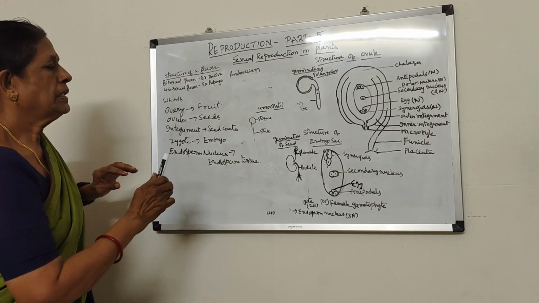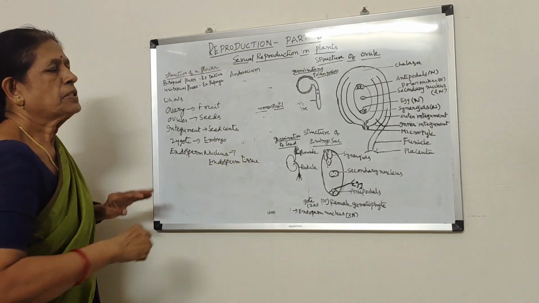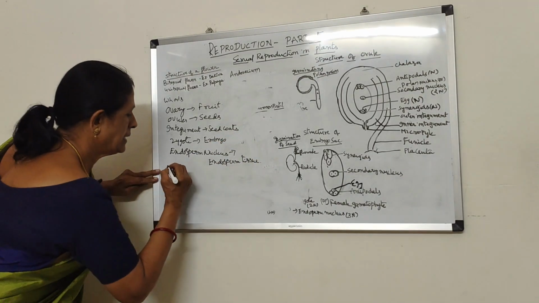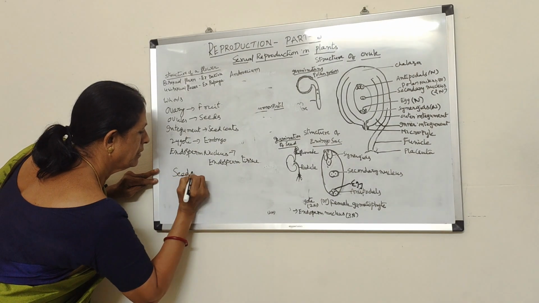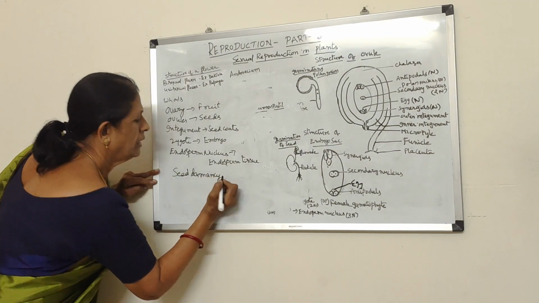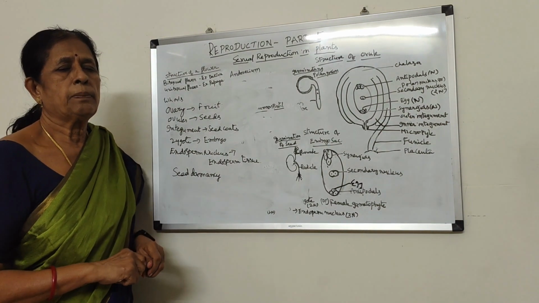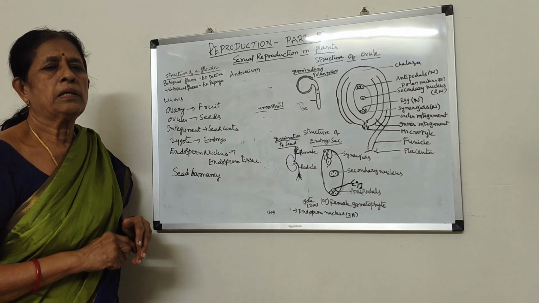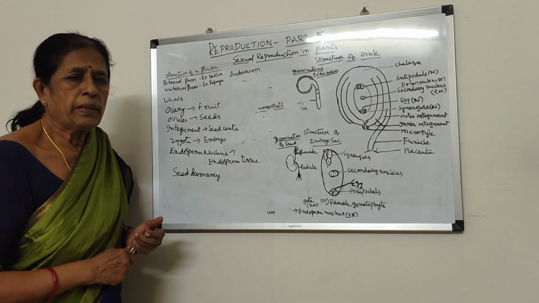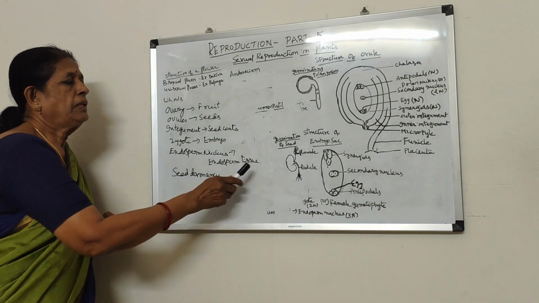And after all these things, the seed will undergo a resting period or sleeping period, which is called seed dormancy. Then when the conditions are favorable, that means when the seeds come in contact with nutrients and water, and optimum temperature, the seeds will germinate.